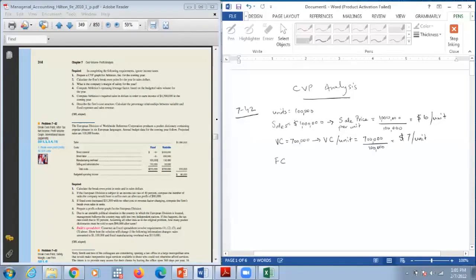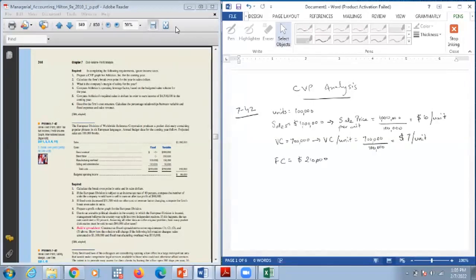Next, we need to incorporate our fixed costs. Remember that we only need the total fixed costs. We'll take the total amount from here. That's $210,000. Based on all of this information, we want to be able to calculate specifics within the question.